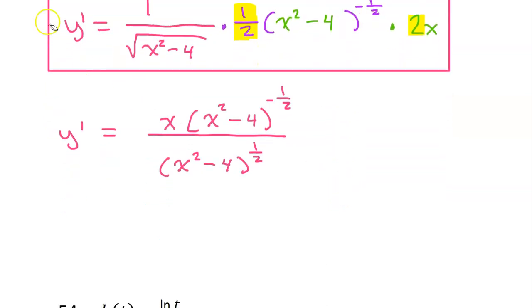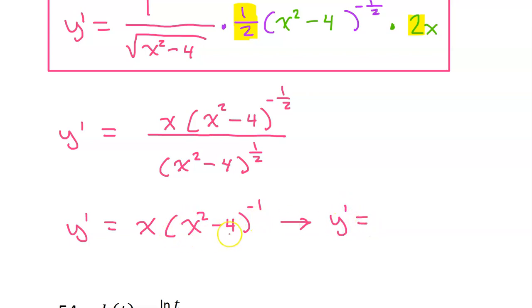So on my next step, I'm going to have y prime is equal to x times x squared minus 4 to the negative 1 power. Okay, and then because of the negative exponent, I could drop this factor down to the denominator.